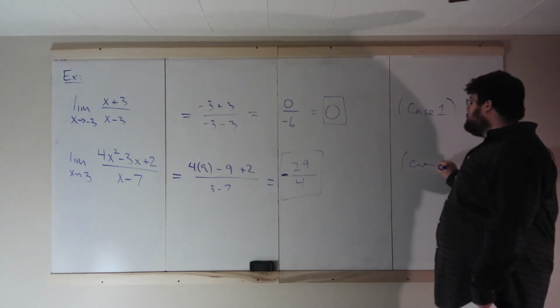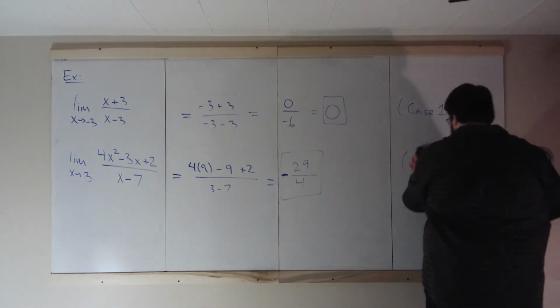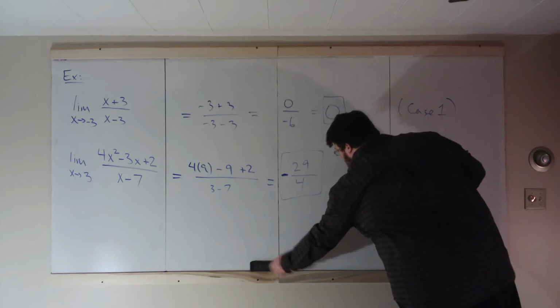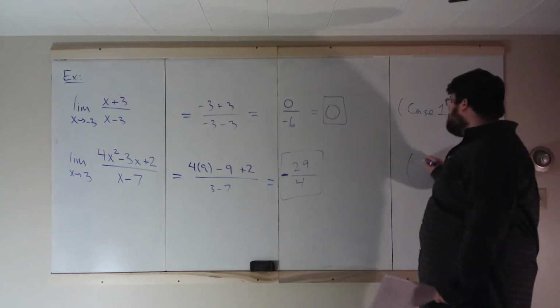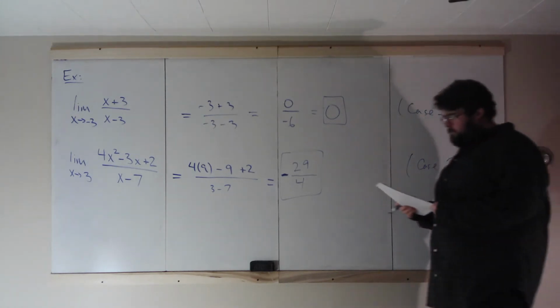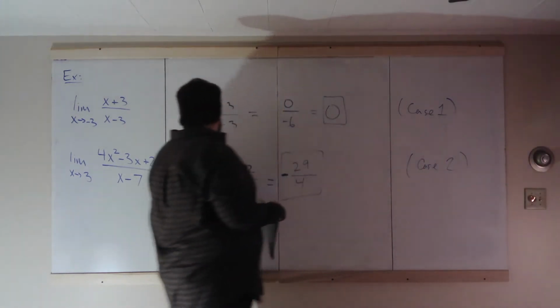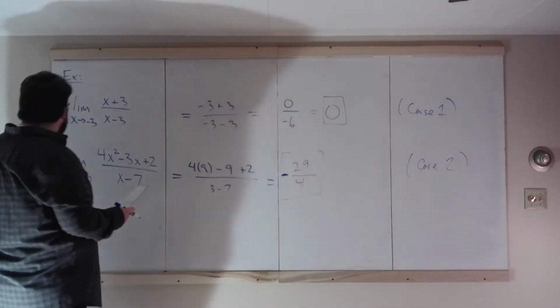And in this one, we did our substitution. We got number over number. That's case 2. These directions should have said, compute the limit or evaluate the limit or something like that.